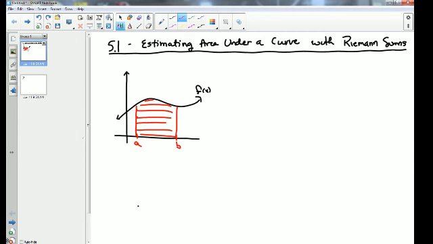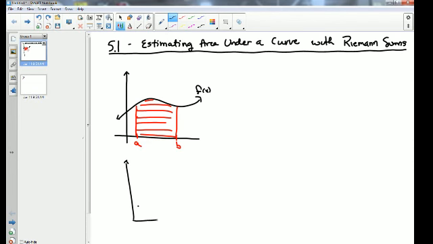Because we don't know how to calculate this quite yet exactly, we need to estimate, right? Estimating is a good tool if you have the need for it.